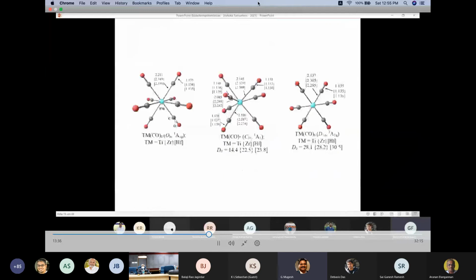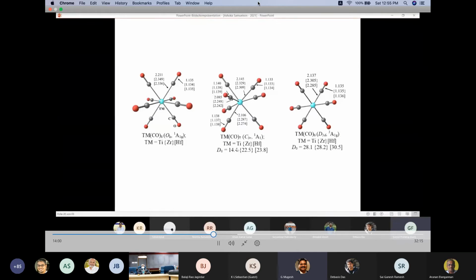Yes, I said we can. And indeed, the octacarbonyls also for titanium, zirconium, and hafnium are minima on the potential energy surface, have singlet structures, and are cubic Oh symmetry. The heptacarbonyls and the hexacarbonyls, you can see it here, are also minima.